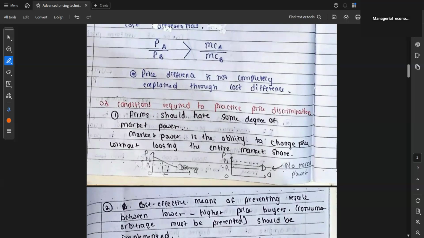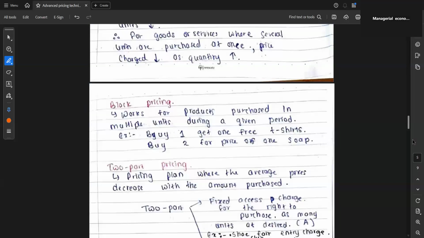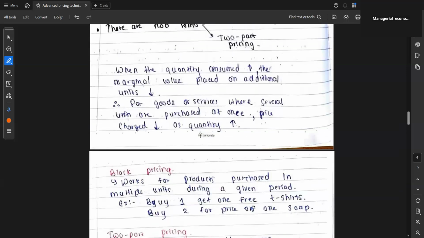But in the first scenario, if they are increasing the price, they are losing not the entire market share, but just some part of the revenue. That is known as market power. The firm is actually able to increase or change the price.